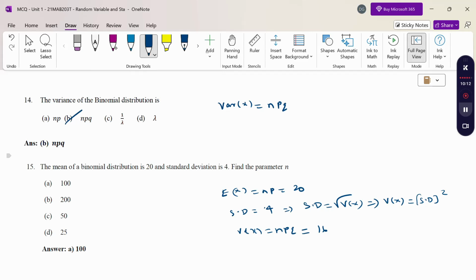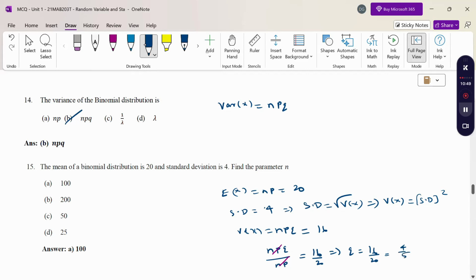Now to calculate, divide npq by np: the terms n and p cancel, so q equals 16 by 20, which is 4 by 5.